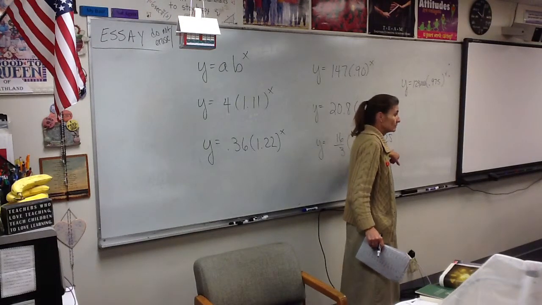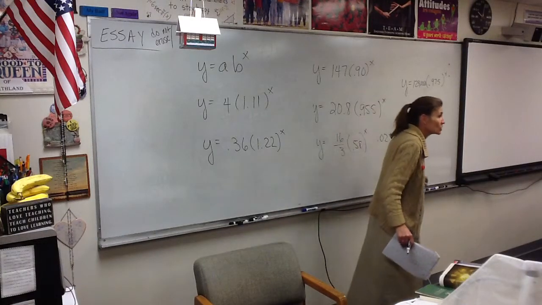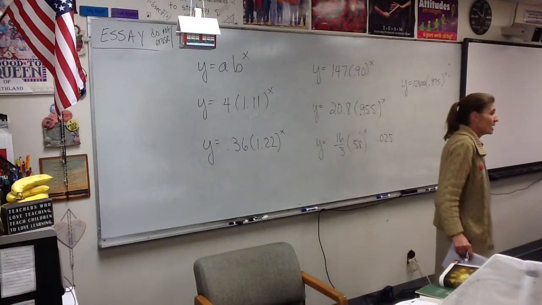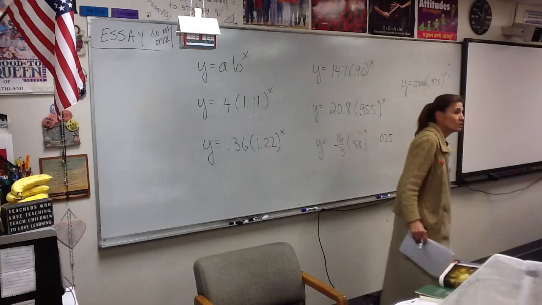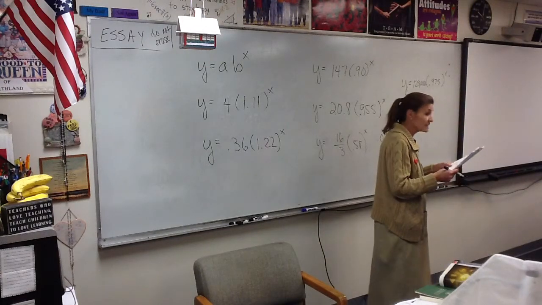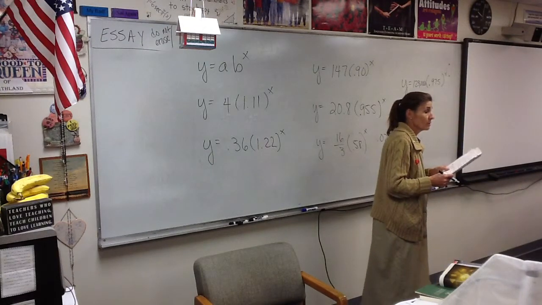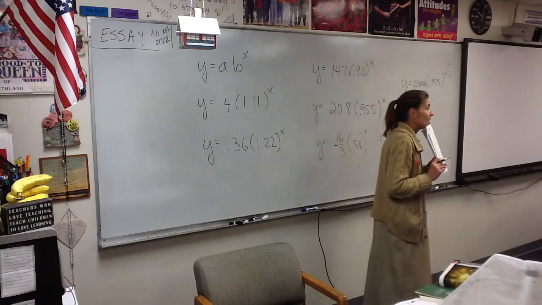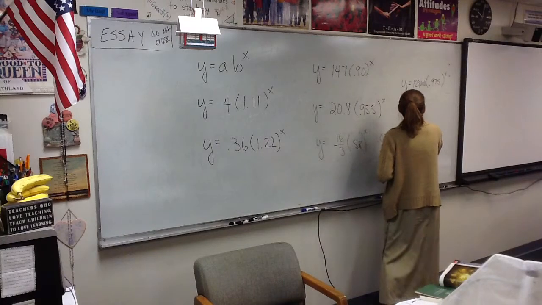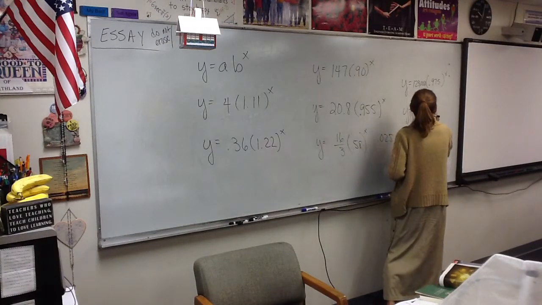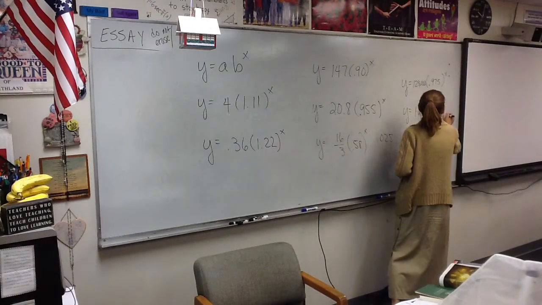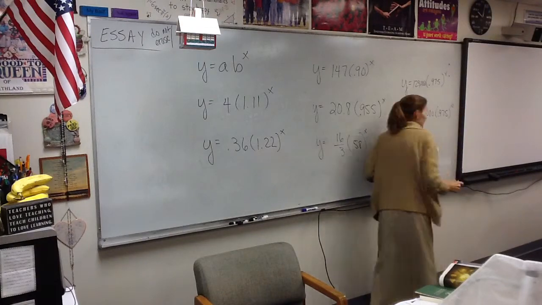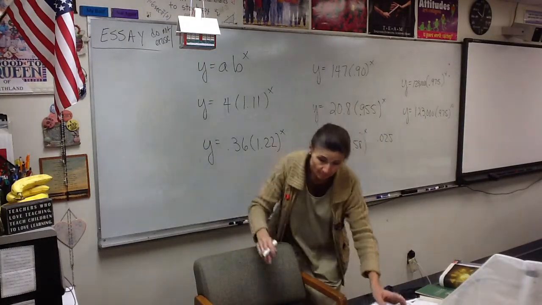Now, we need to answer the question. How are we going to figure out the new population? We're going to wait 10 years. What do you think we're going to do with that 10? Put it in for X. So you are going to, on your calculator, you are going to figure out what that equals.